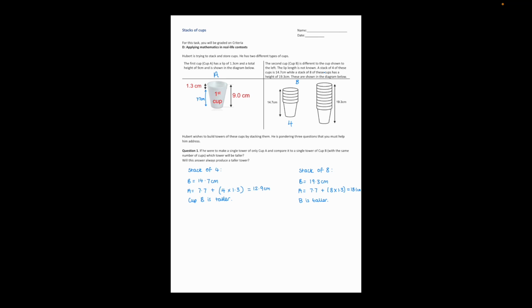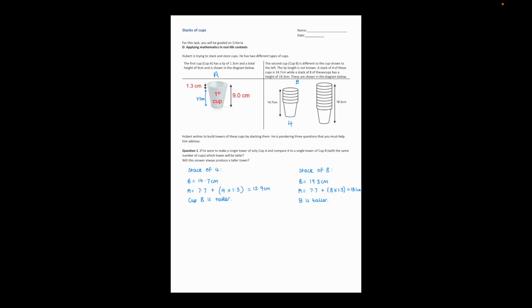So one way we can do this is to think about the equation that models this pattern. For cup A, it's a little bit easier to see because, from the two calculations we've already done, we have this base amount and then however many I'm looking for, lots of the lip.